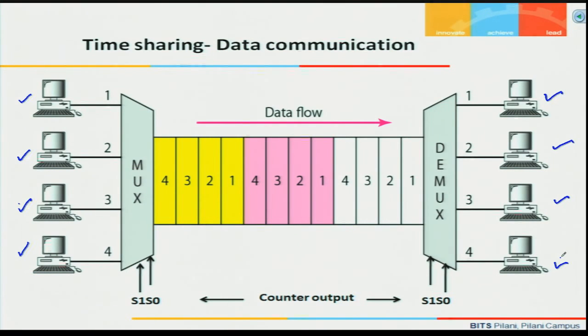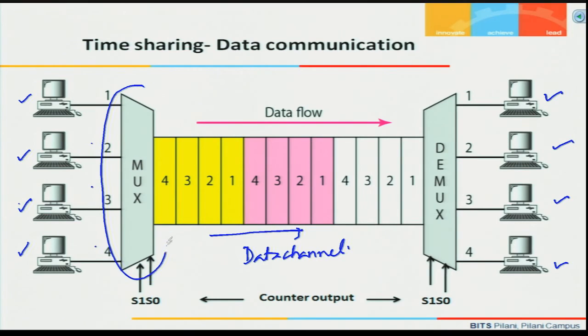I am connecting the outputs of each of these transmitters through a single data channel to 4 receivers which are shown here. I am going to connect the outputs of these 4 transmitters through a multiplexer, whose output in turn is connected as an input for the demultiplexer, which is connected to 4 more devices here.